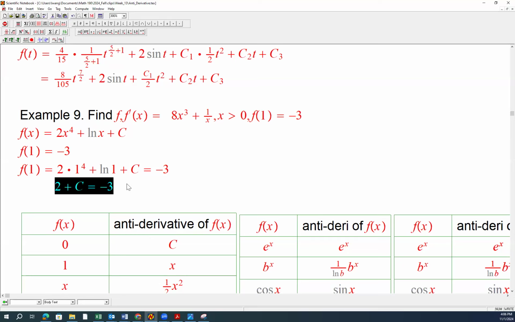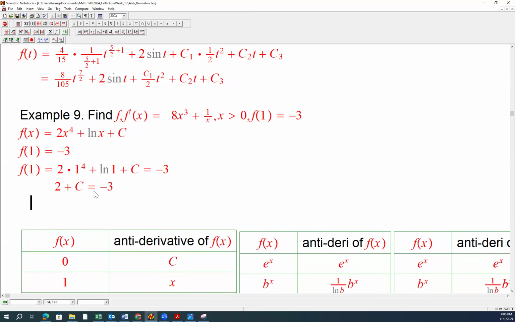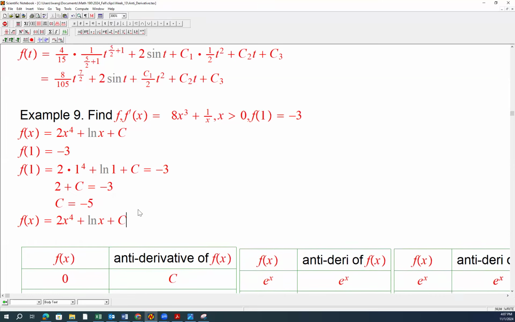Finally, c would equal -5. Okay, and our final answer for f would be -5 replaced with c. That's it.